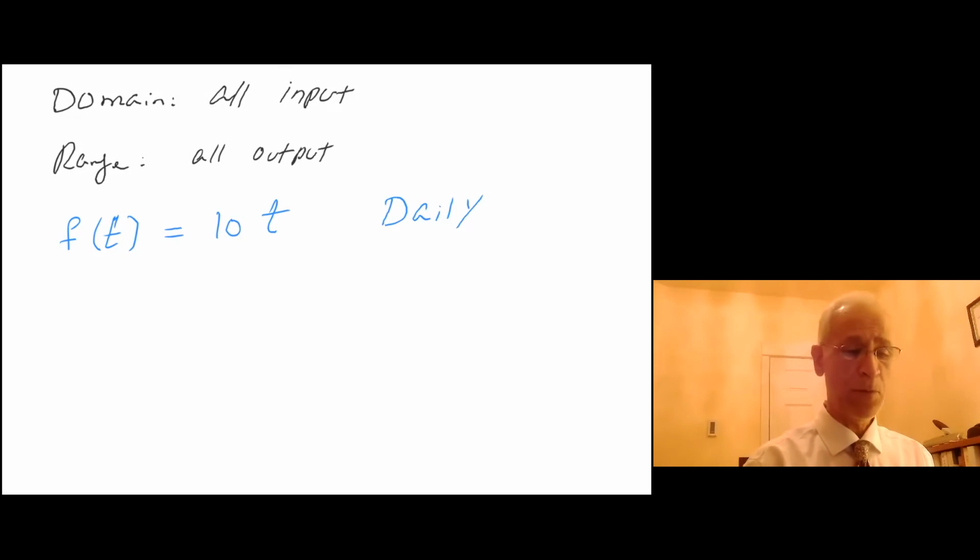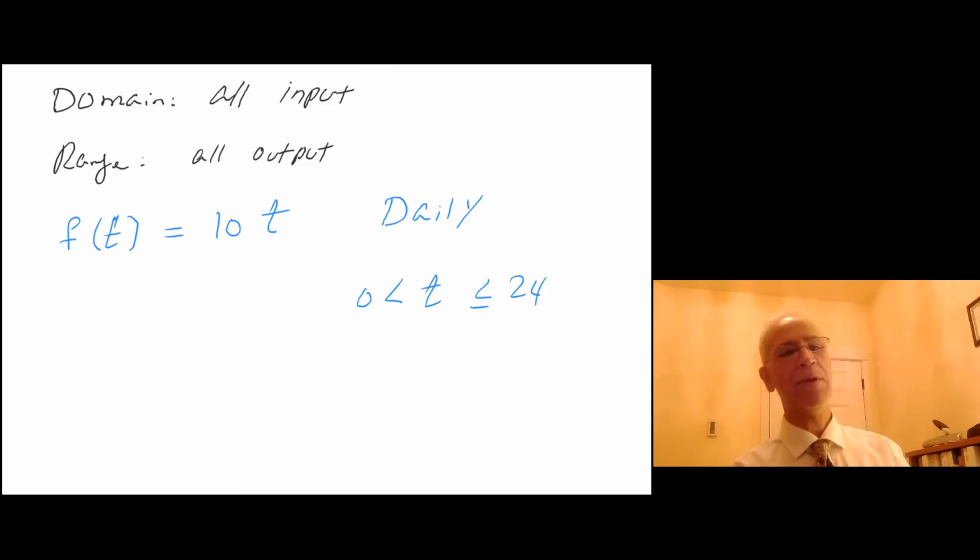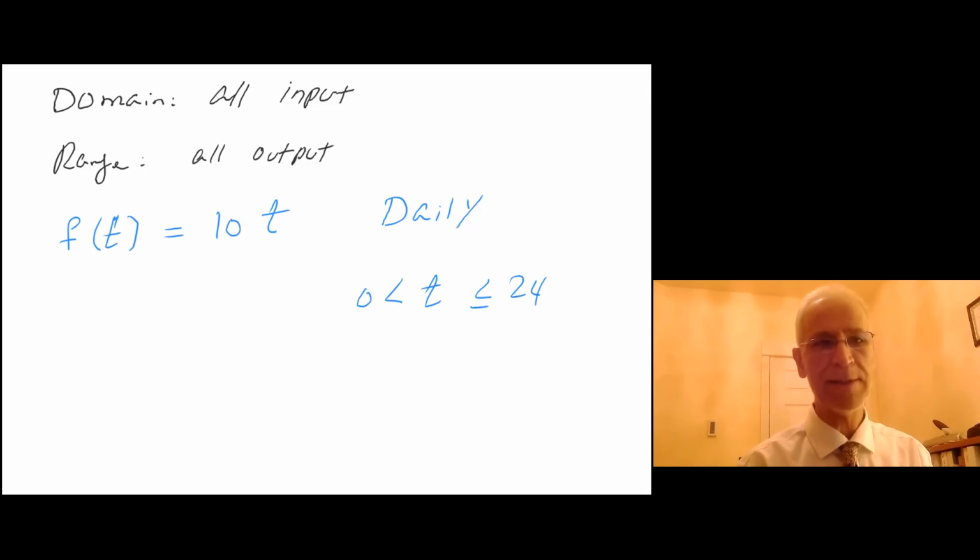Okay, so what would be a reasonable domain for this problem? That t must be between 0 and 24. Why is that? Because you don't have more than 24 hours in one day.